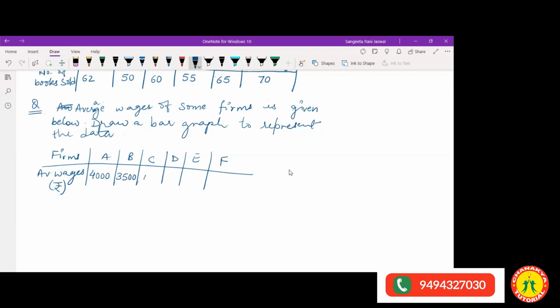Analyze the data and see what you will take your scale as. Okay, do this. Do it. I'll write one more question.